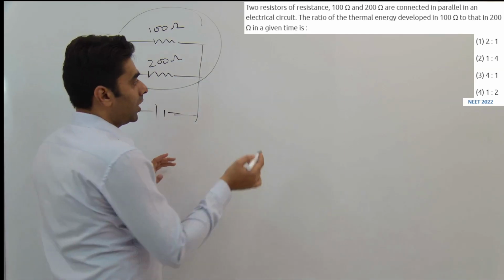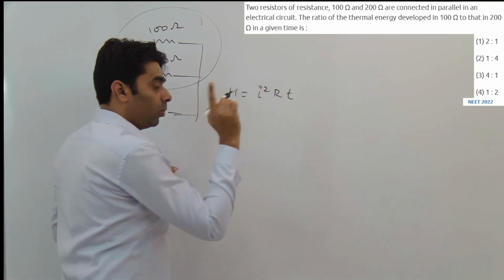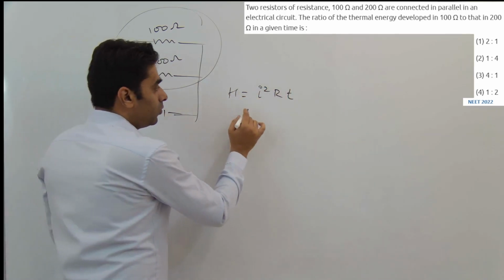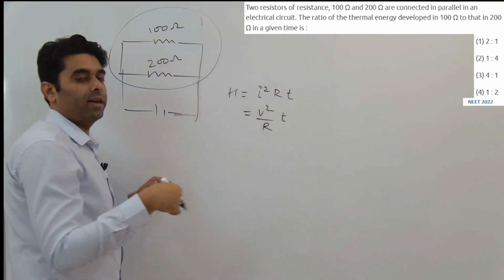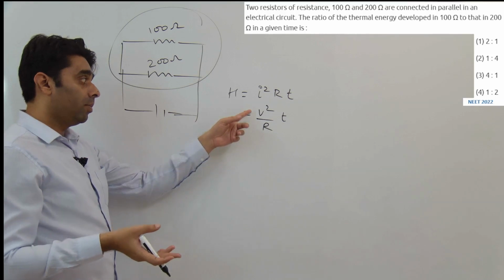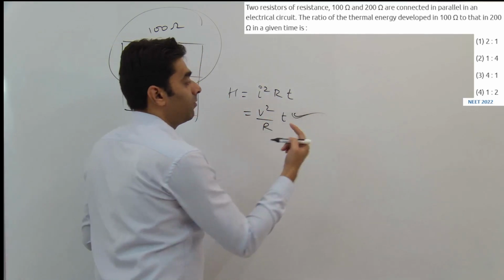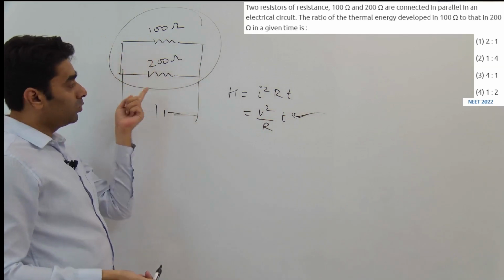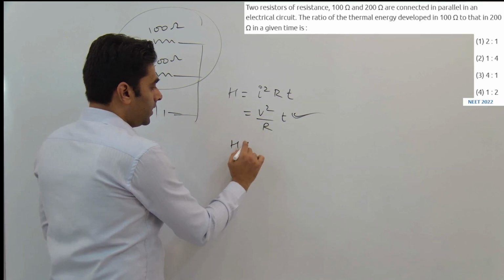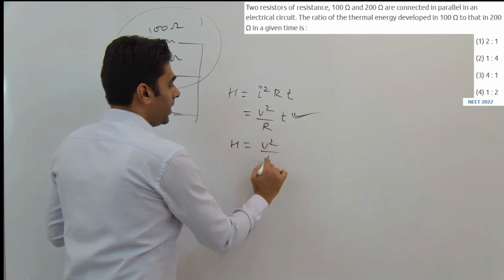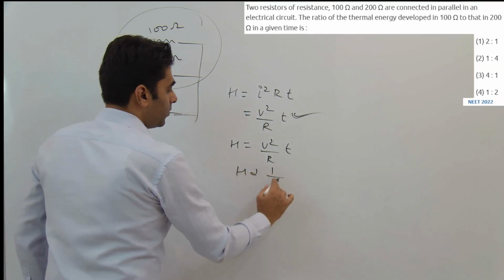Heat produced: how do we write down heat produced? I²Rt. But over here, we will be using the relation V²/R × t. Most of the time we use I²Rt, but over here we will use this relation. Why? Because the potential difference is common for the two resistors. So H is inversely proportional to resistance.